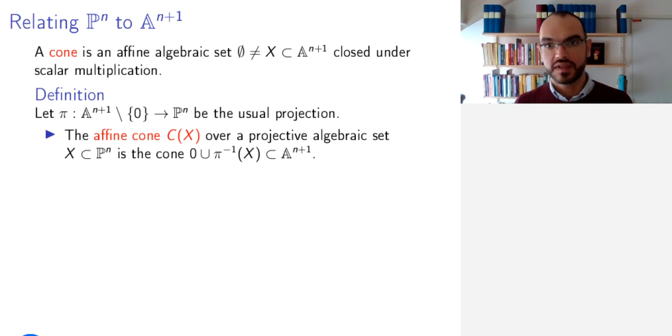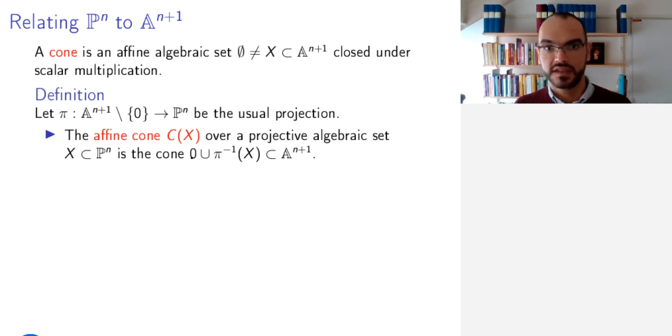Now we want to attach a cone to any projective algebraic set in P^n. So looking at this projection pi from A^(n+1) without the origin to P^n, we define the affine cone over a projective algebraic set X to be the pre-image of this projective algebraic set under that projection, together with the point 0.